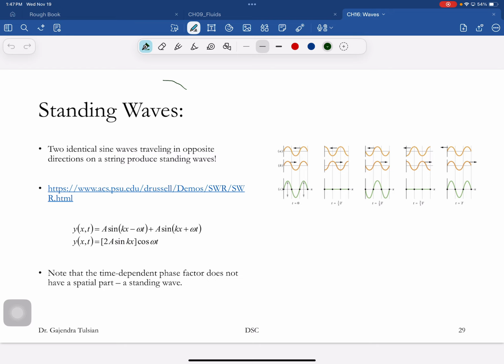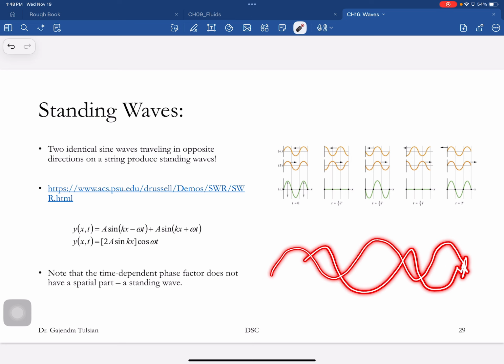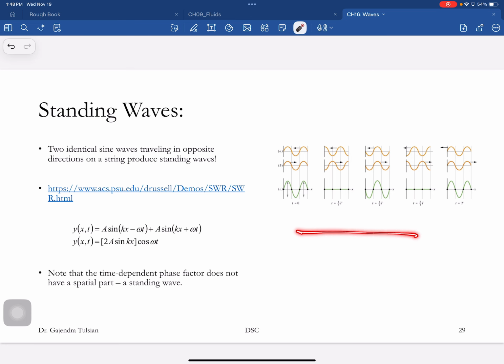Now we'll talk about standing waves. Okay, so standing waves are what you set up in musical instruments. On a guitar string, when you pluck a guitar string, you send a wave like this down the string. It reflects off the fret and then comes back. So you have two identical waves traveling in opposite directions.